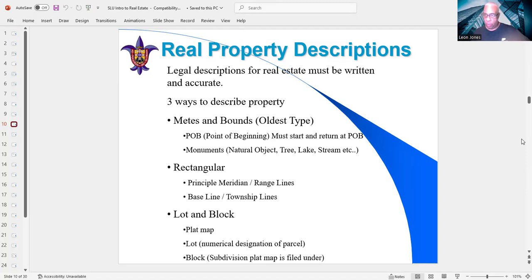You can see the property lines. You can see the bearings, the distances. Lot is the numerical designation of a parcel. Then there is a block. It's a subdivision plat map that is filed under. You can find all this in the courthouse.